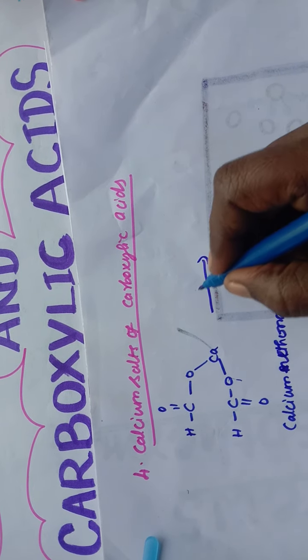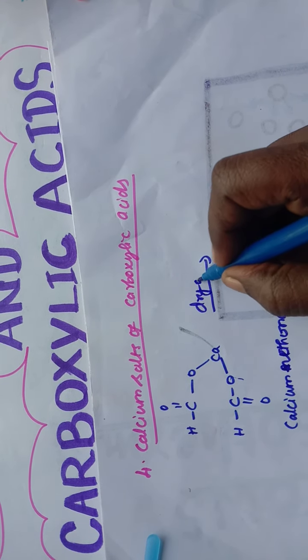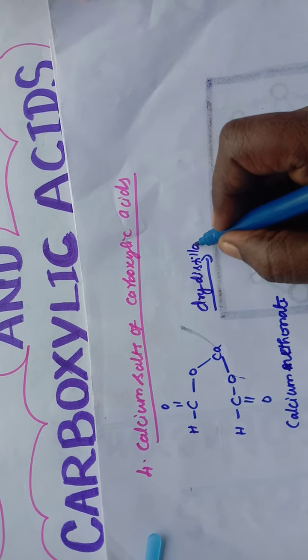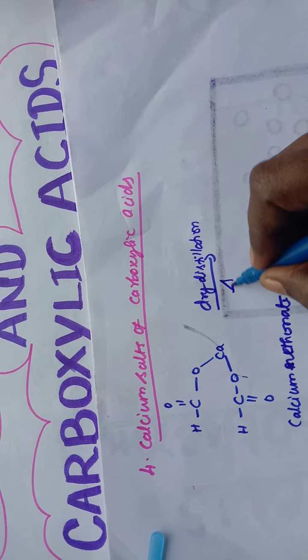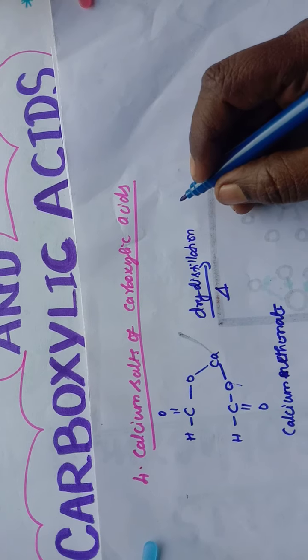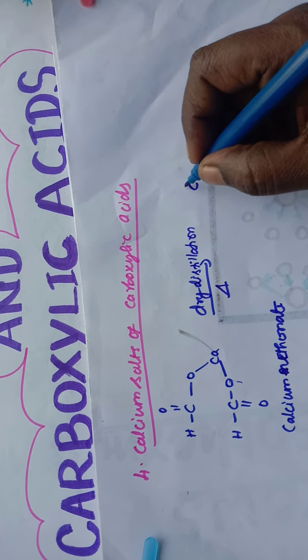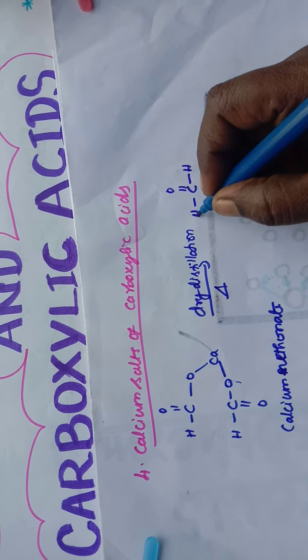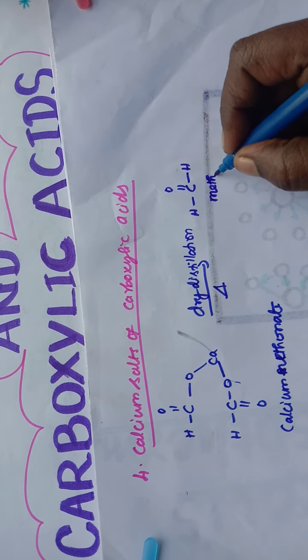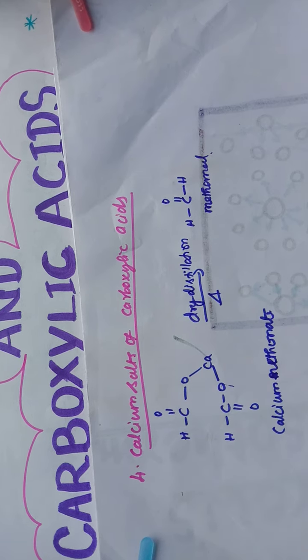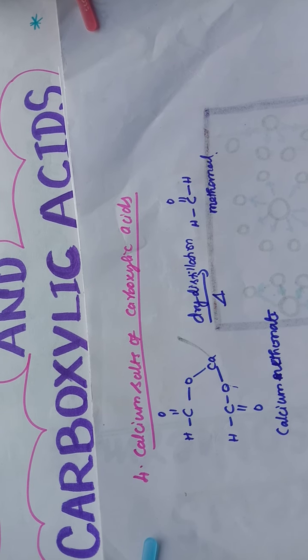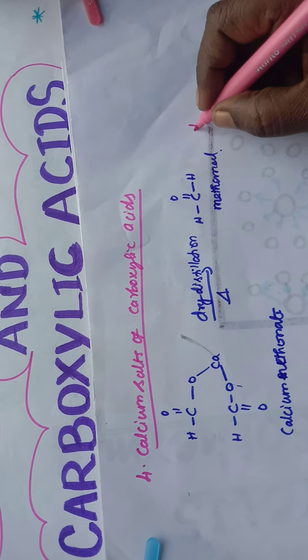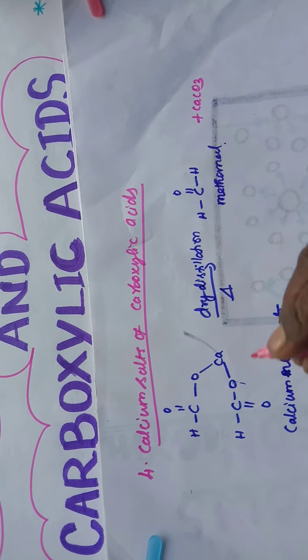It undergoes dry distillation and gives methanal. Here, this calcium carbonate, CaCO3, is the leaving group.